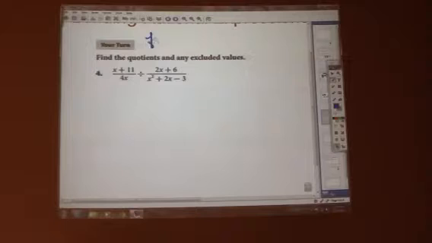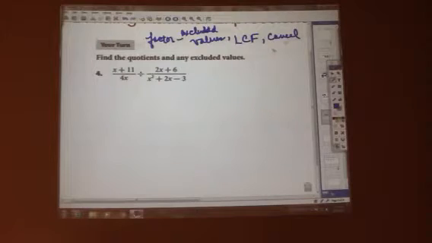We're going to factor, excluded values, leave, change, flip, cancel, multiply. So the only thing I added in there was the leave, change, flip. I'm going to factor first, get my excluded values before I leave, change, flip.